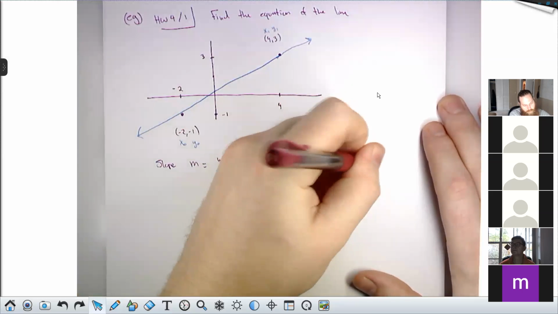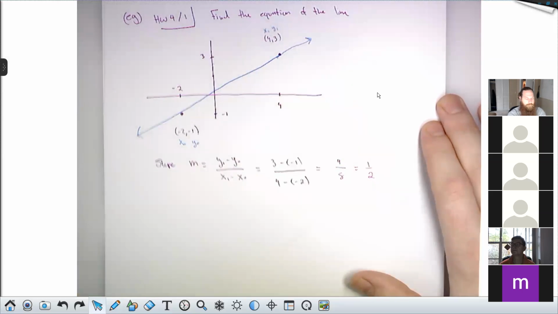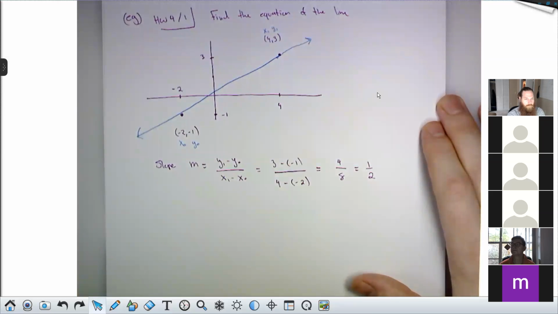And 4 over 8, that's the same as 1/2. So the slope here is 1/2.